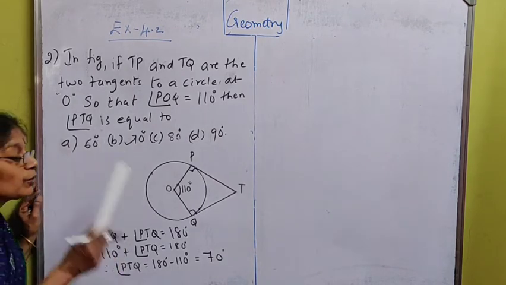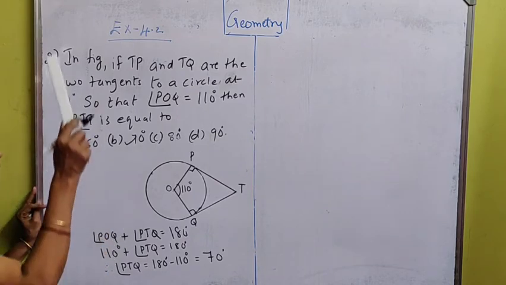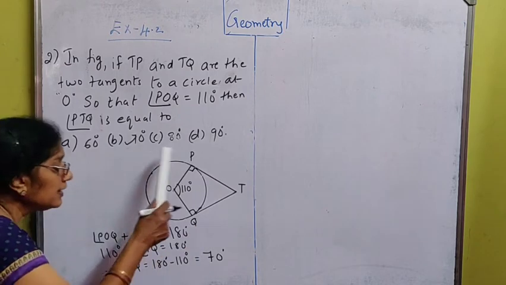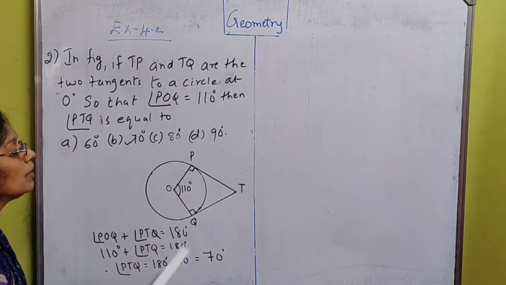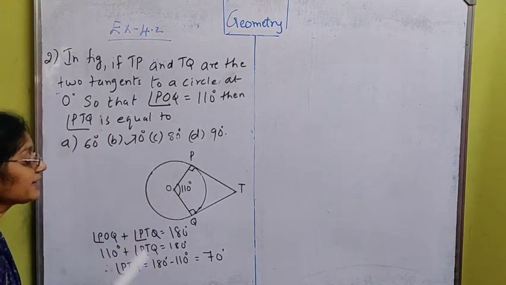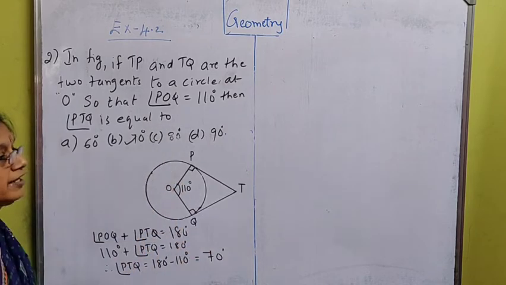So what I told you in circle 4, which I had sent you, is that in a circle with center O, when two tangents from an external point touch the circle at the points of contact, it creates a quadrilateral.